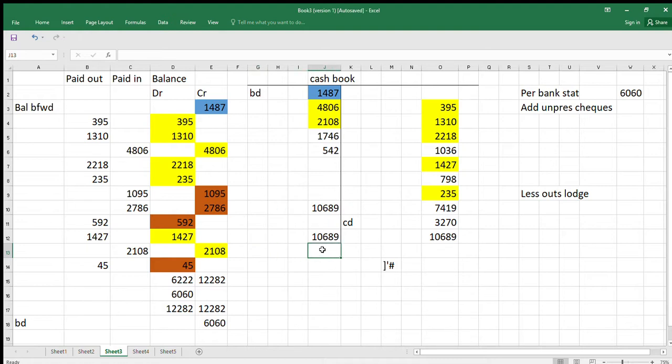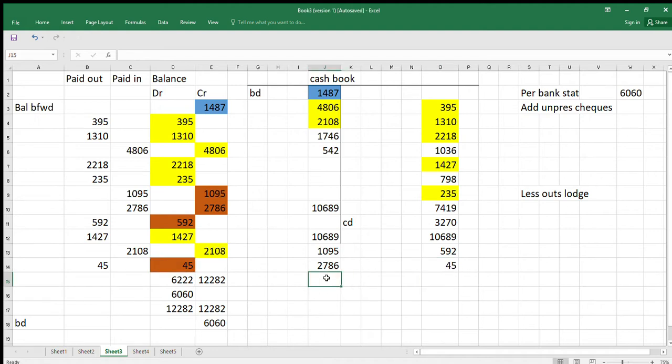So it would be that, and that. That's what that is there, and that, and that, go into our cash book. Okay.